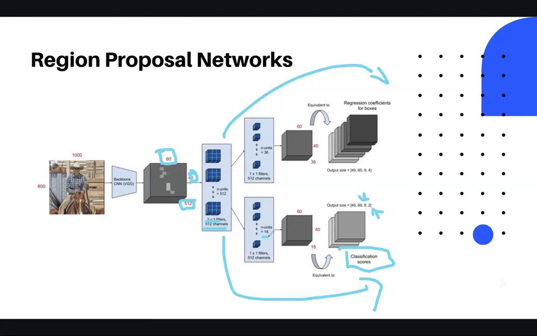Here we have 18 units. So we're actually applying this classifier through 18 convolutional kernels, which are doing the actual calculation, which is 9 times 2, right? So 9 anchors times yes, object, no, not object. So it becomes 18, 9 times 2.